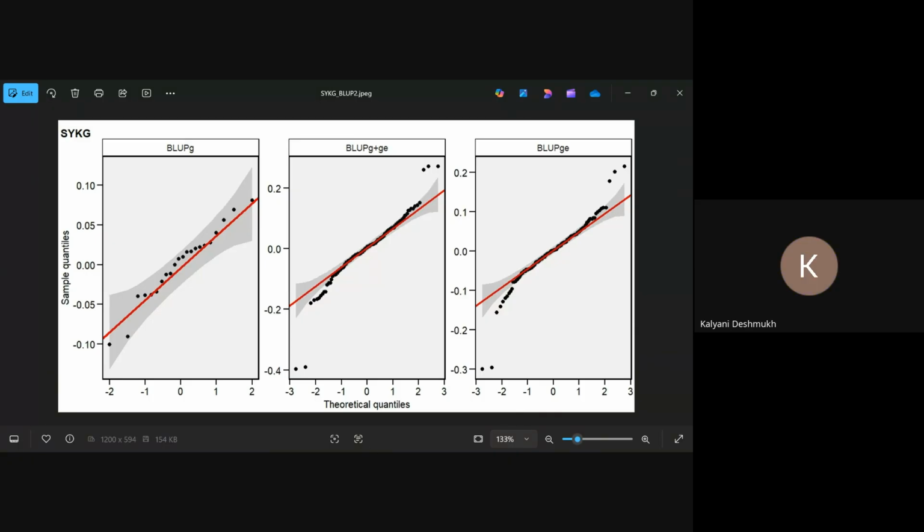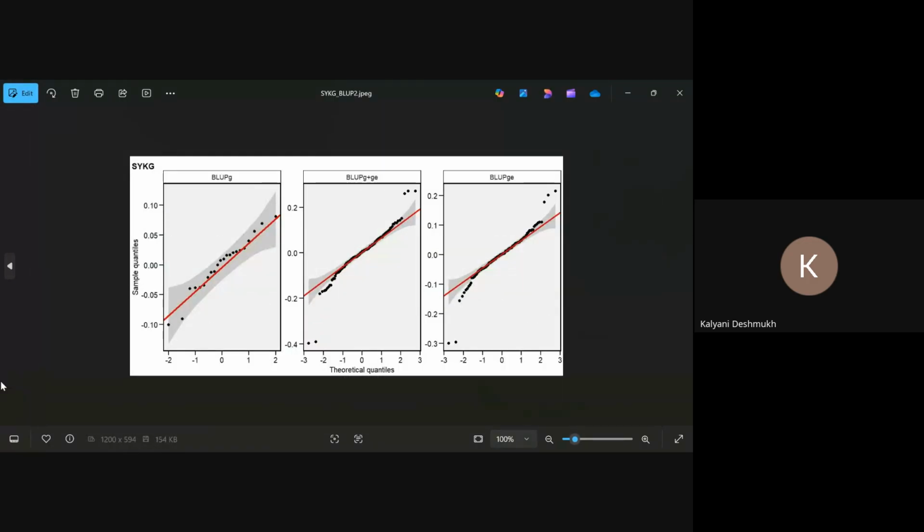Excuse me, sir, what does this gray line indicate? This one? These are the normal values, expected values. Some threshold.